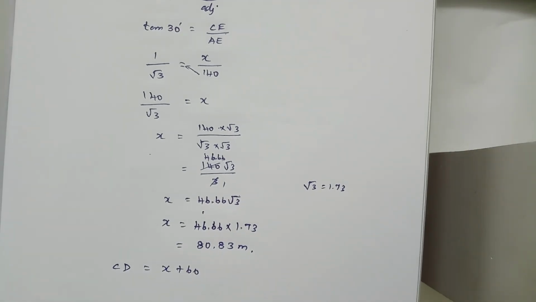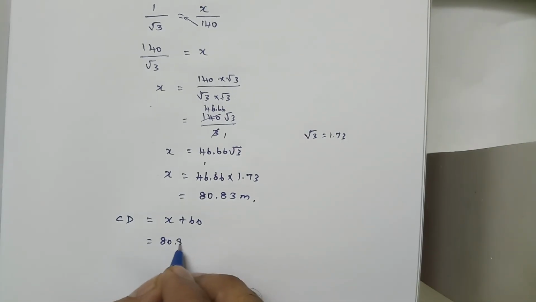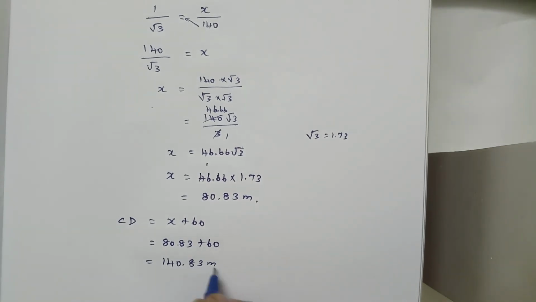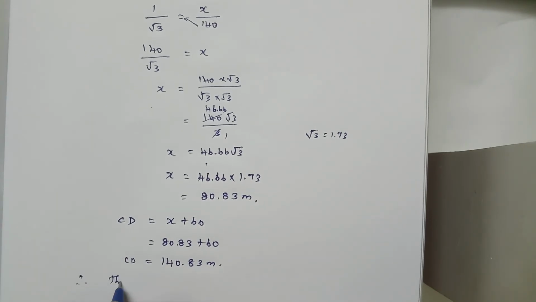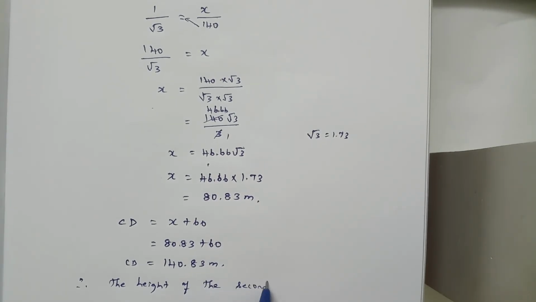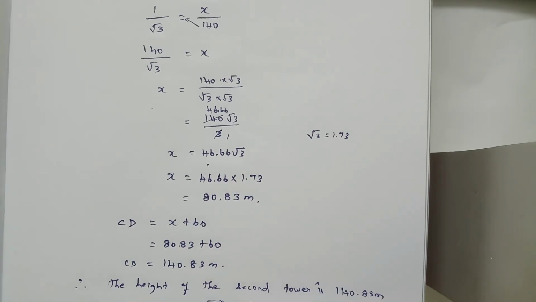With x equal to 80.83, we get 80.83 plus 60, which is 140.83 meters. Therefore, the height of the second tower is 140.83 meters. That's all.